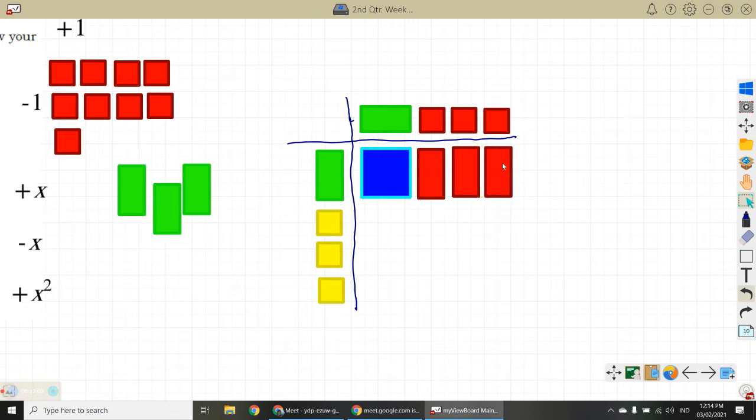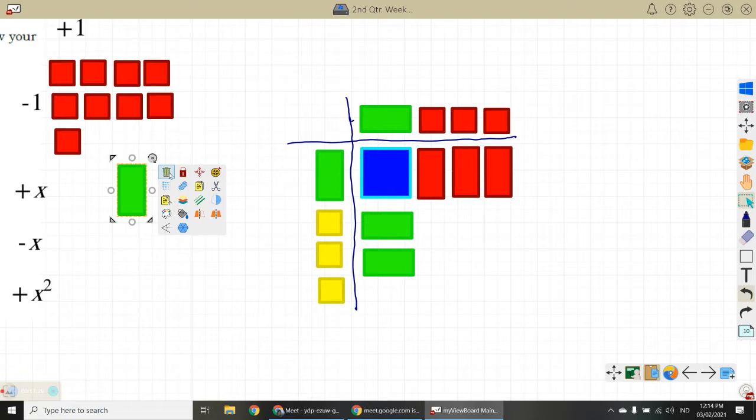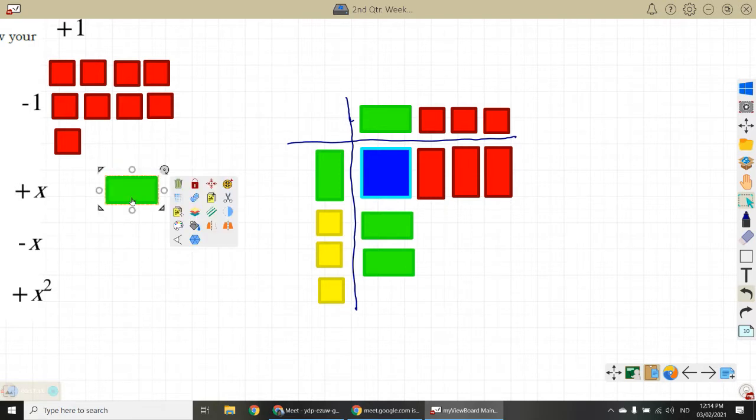Negative 1 times x is negative x. This is represented by negative x. This one is positive x times 1, so positive x, we can represent it this way. Positive x, and then positive x.